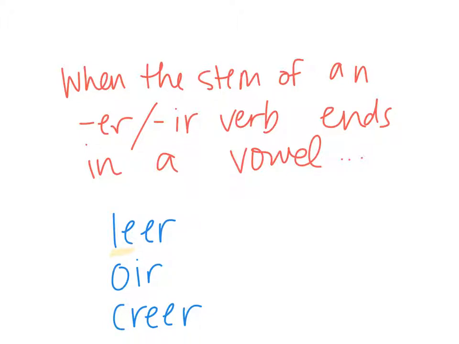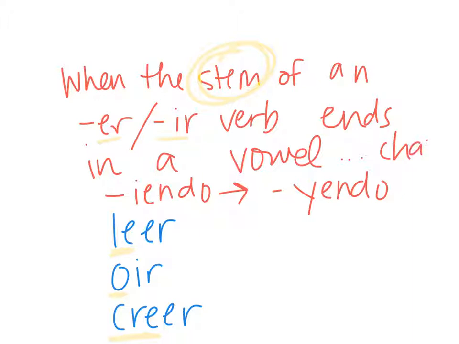This one ends in a vowel. This one ends in a vowel. Well, it's only a vowel. This one ends in a vowel. It's not super common, but it's just the stem, okay? Not the whole word, but when the stem of an ER and IR verb ends in a vowel, then you do this. You change the iendo, I-E-N-D-O, to yendo, Y-E-N-D-O.